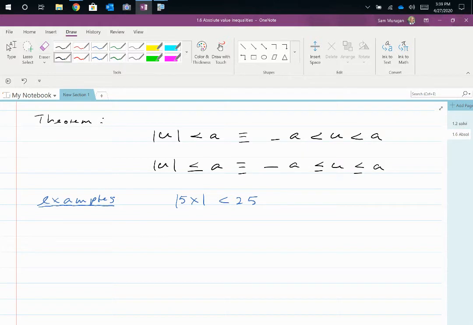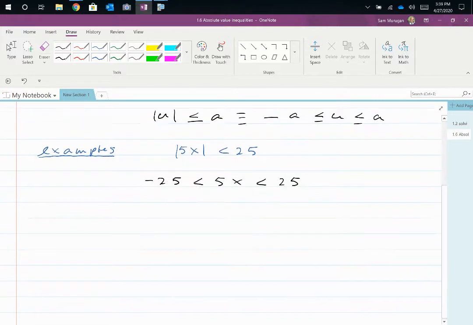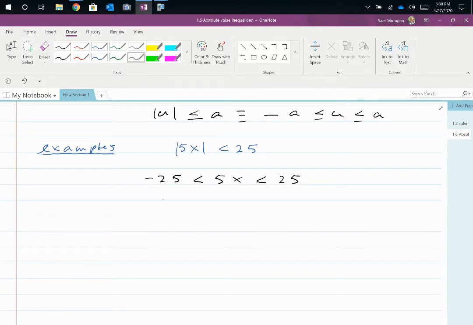Using our theorem, this is negative 25 less than 5x less than positive 25. Then dividing everything by 5, because we need to isolate x, we've got negative 5 less than x less than positive 5.